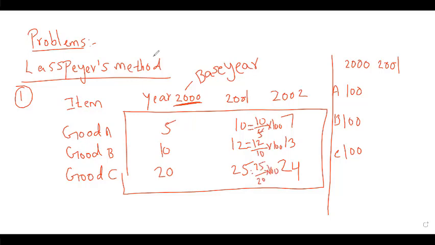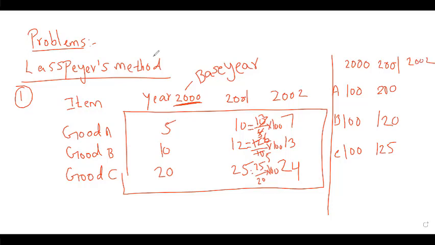Do this: 5 twos are 10, so 200. So 100% it increased. Here, 120. Then 25 by 20 into 100 gives 125.